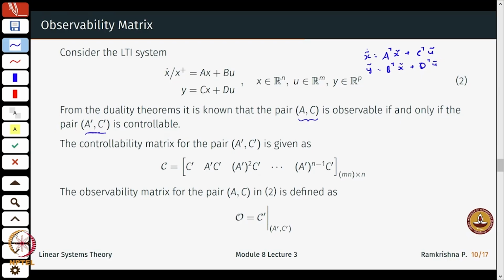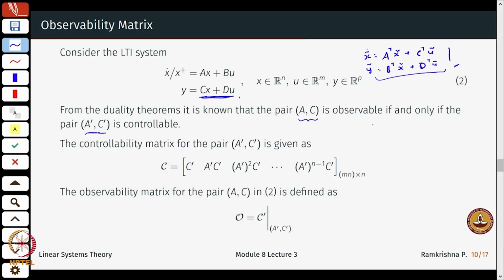So, whenever this system is observable, it is equivalent to saying this system is controllable. Okay. Now, how do I derive the observability conditions for this system based on the controllability properties of the dual system, because I know that observability of this system is equal, by duality, to the controllability properties of this system. So, what do I know?